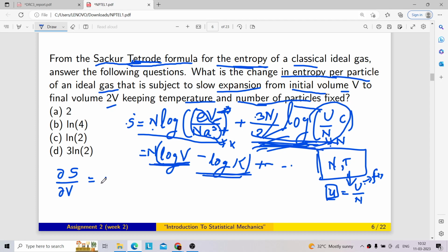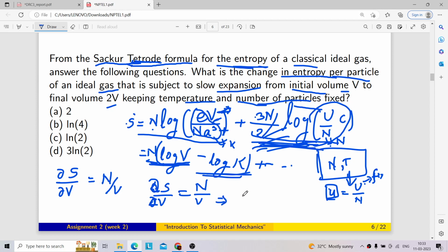There is a constant N here, and the derivative of log V is 1 over V. So we got the partial derivative of S with respect to V as N over V.